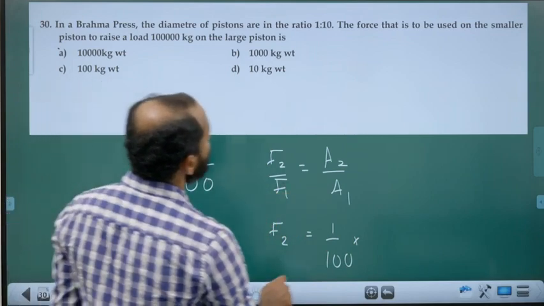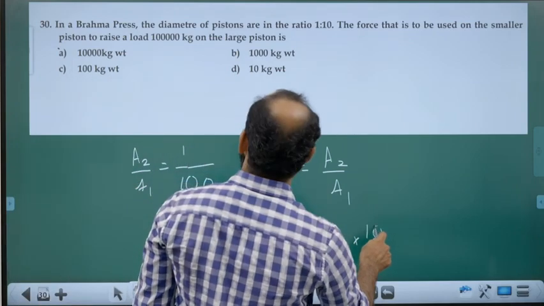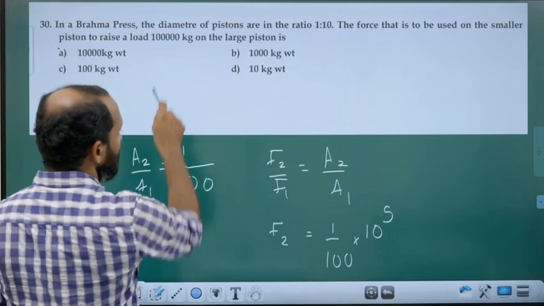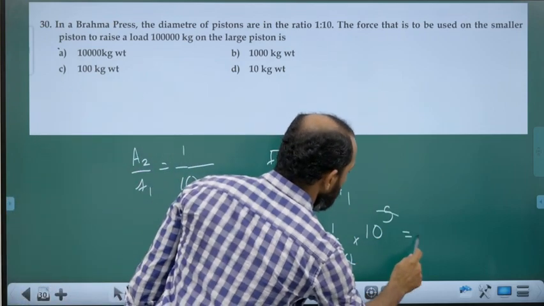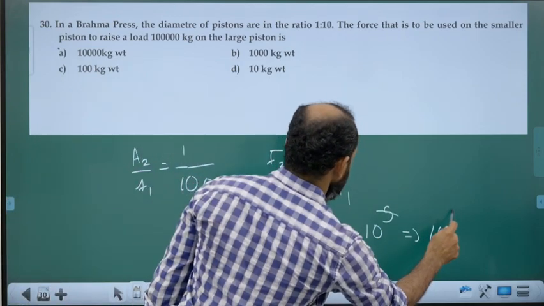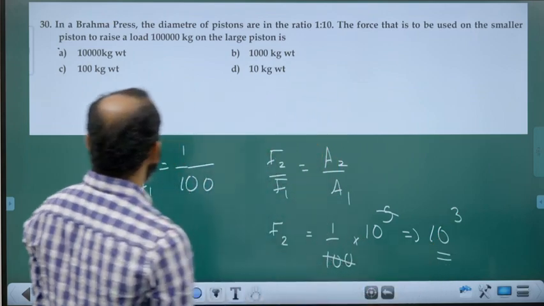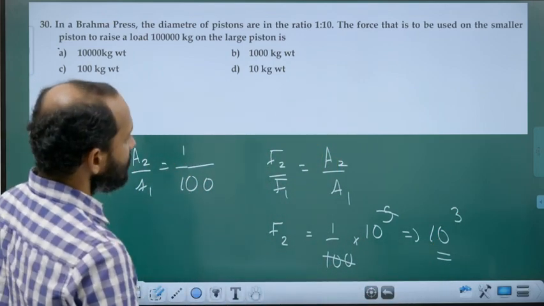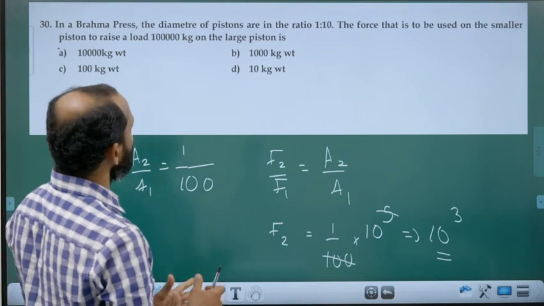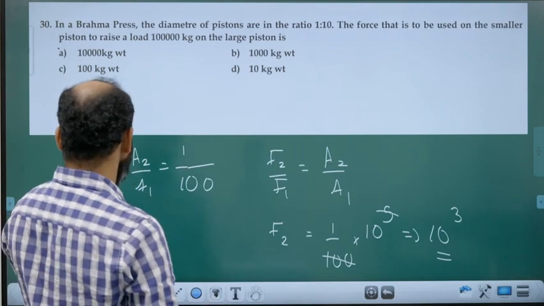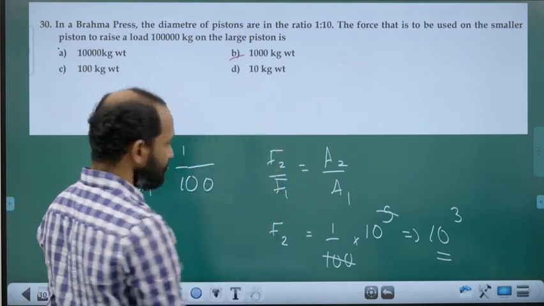What is F1? We have to lift a huge load, that is 10 power 5, so it's 1 lakh. So this cancels and you get 10 power 3, so 1000 kilogram weight. So the correct answer is option B.